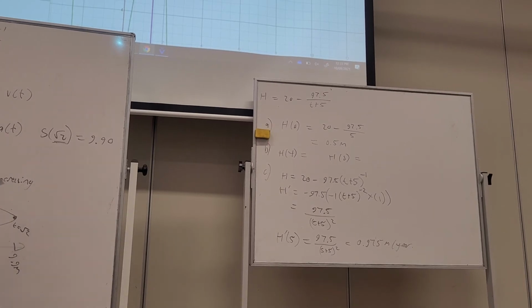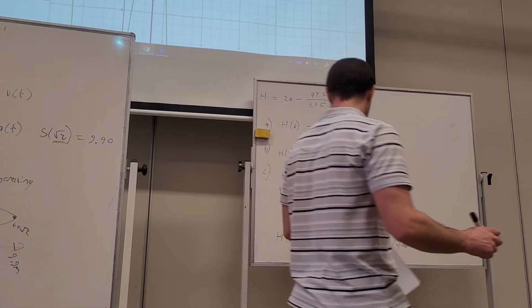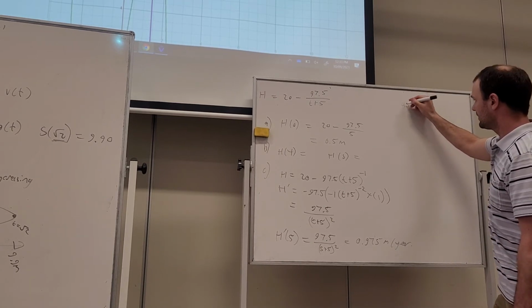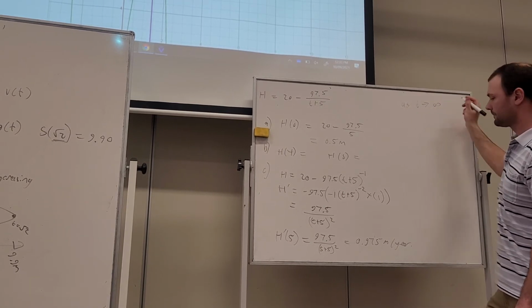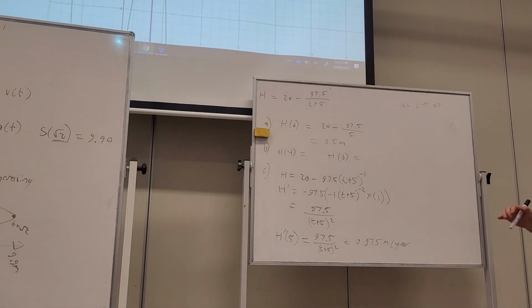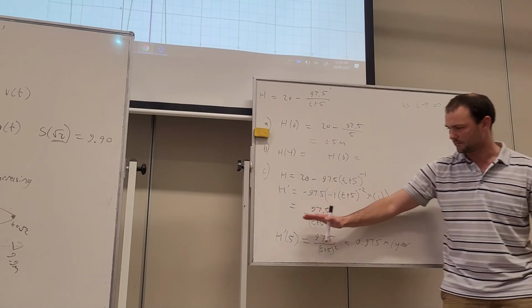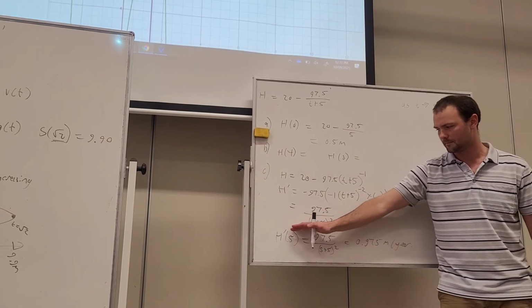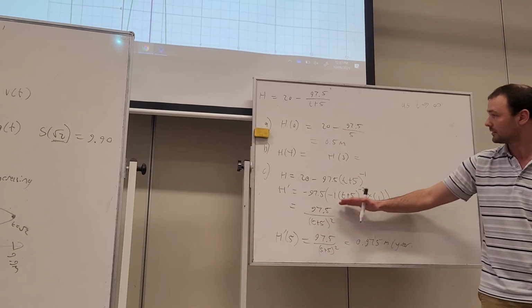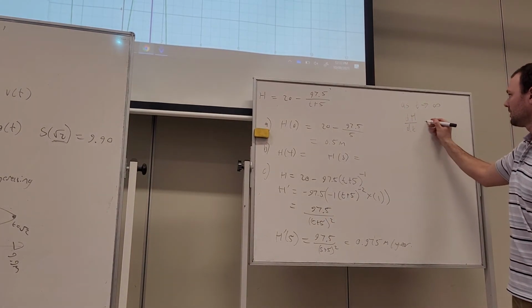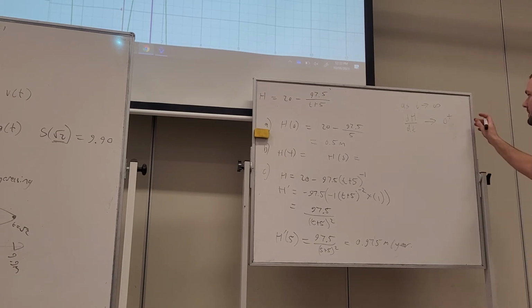And then for the last part, show that the rate of change is always positive. As t approaches infinity, as t gets really large, we've got positive 97.5 divided by some massive number. So as t approaches infinity, dh on dt is approaching 0 from the positive side.